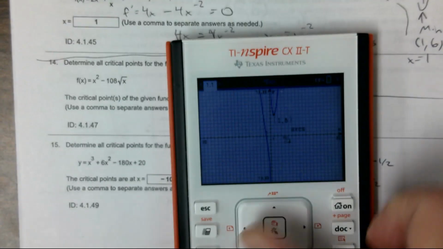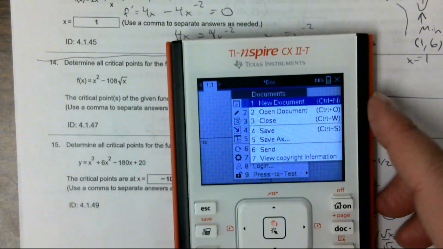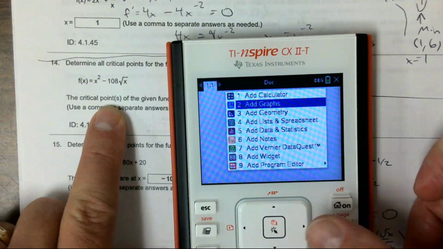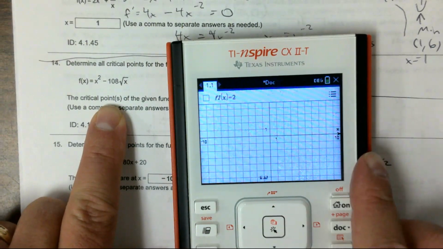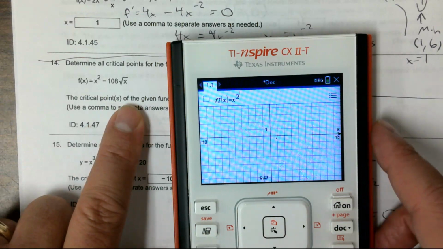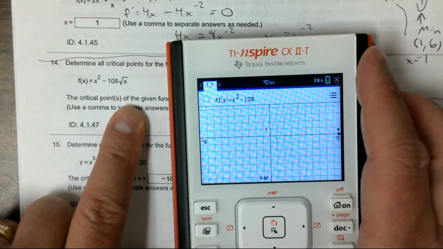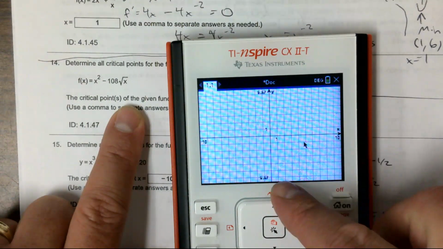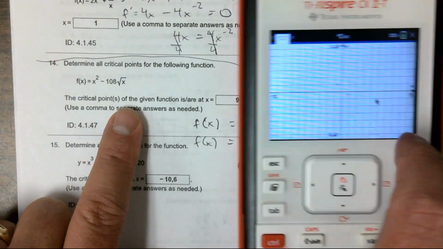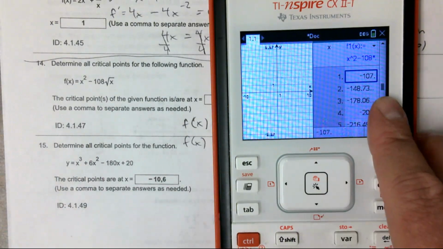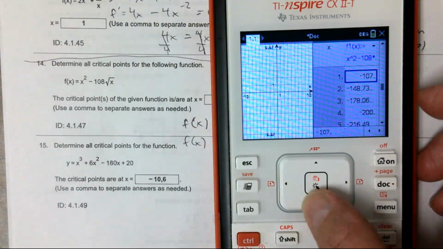Let's just try graphing this one, because this one was not as easy, like with the derivative. So x squared minus 108 square root of x, well, it just looks like that. Now, if we look in our table, we have some pretty big numbers.